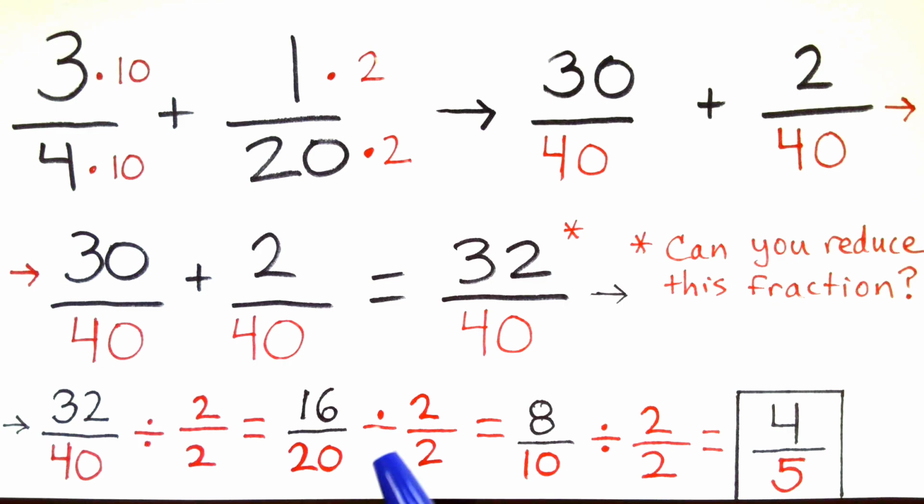So let's reduce 16 20ths, right? Again, another even number on top, even number on bottom, smallest even number is 2. 16 divided by 2 is 8, because 8 times 2 is 16. 20 divided by 2 is 10, because 10 times 2 is 20. So I've reduced this 16 over 20 to 8 over 10. And again, another even number on top and bottom of the fraction.